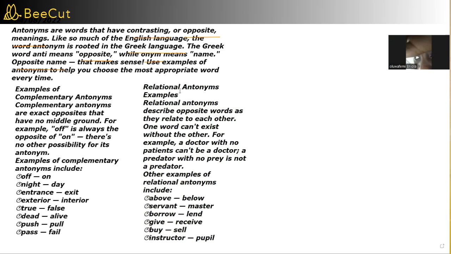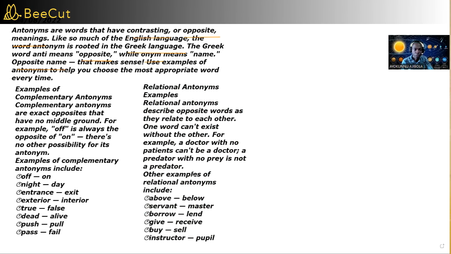Okay, so relational antonyms are words that relate to each other. One word can't exist without the other. For example, a doctor with no patient cannot be a doctor, while a predator with no prey is not a predator.